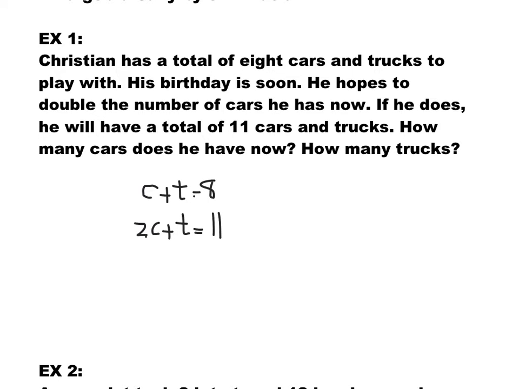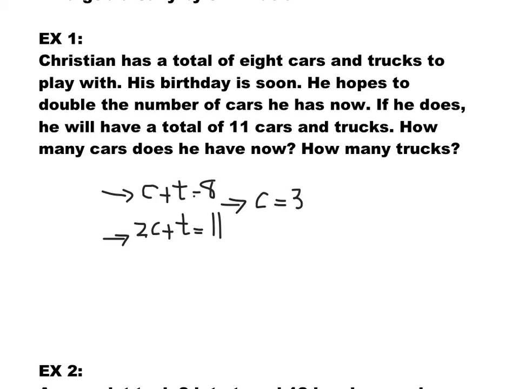If you look at this one, we have 2 equations in 2 unknowns, so we can uniquely specify the values of C and T. We can either use substitution or elimination. I would prefer elimination because if I subtract the first equation from the second equation, I can eliminate T. So if I subtract the first one from the second one, I get 2C minus C is C, T minus T is 0, equal to 11 minus 8, which is 3.